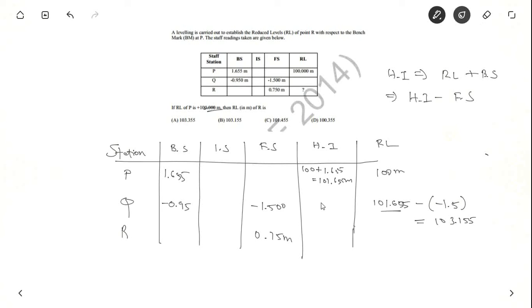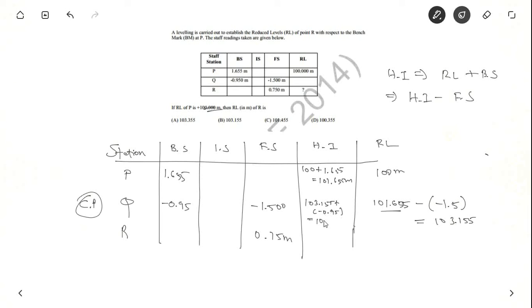This becomes plus and you get 103.155. Now they have changed the instrument at Q, which is known as the change point. So here height of instrument at Q, we have reduced level at Q plus backside at Q. So that is nothing but 103.155 plus the value of backside, which is minus 0.95.